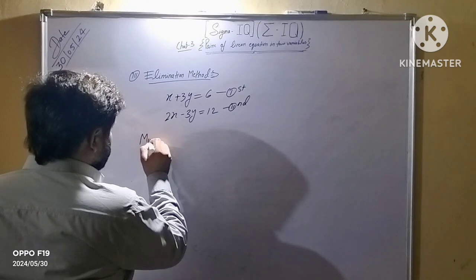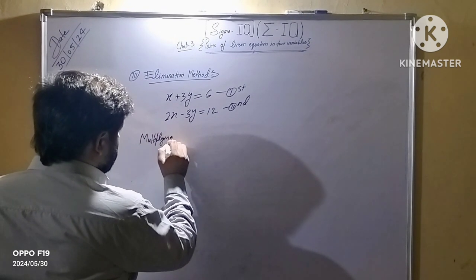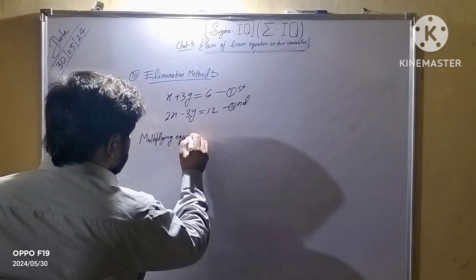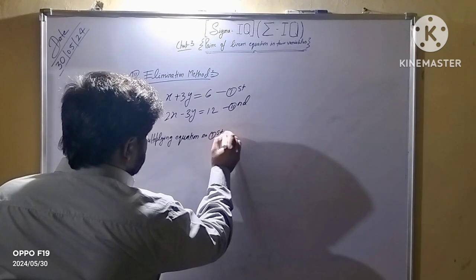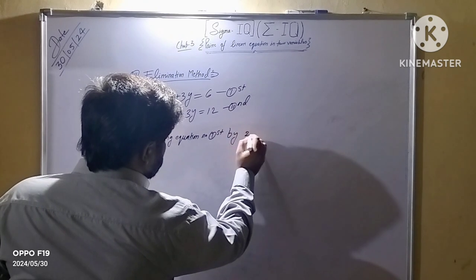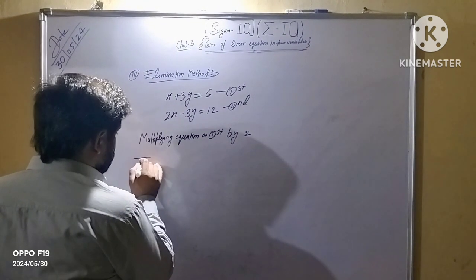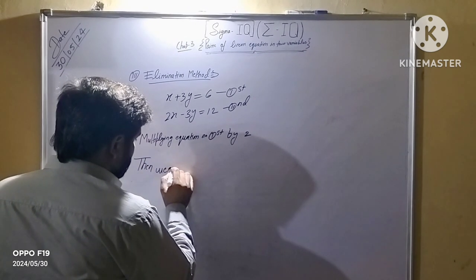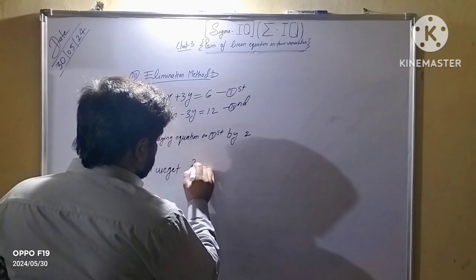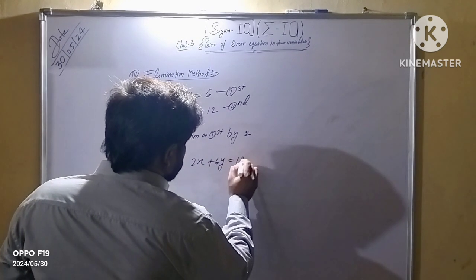Right here, multiplying equation number first by 2. Then we get 2x plus 6y equal to 12.